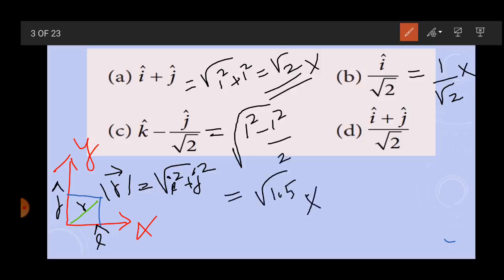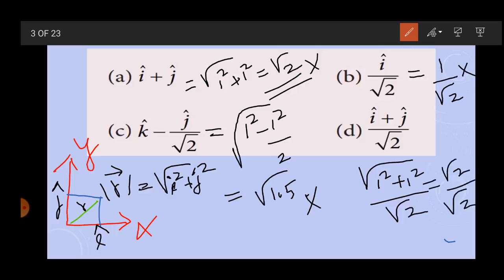And finally, option D: substitute the square root of 1 square plus 1 square, divided by square root of 2. So therefore, square root of 2 divided by square root of 2, and we get our final answer: modulus of the unit vector r is equal to 1. This is unity. So option D is the correct answer.